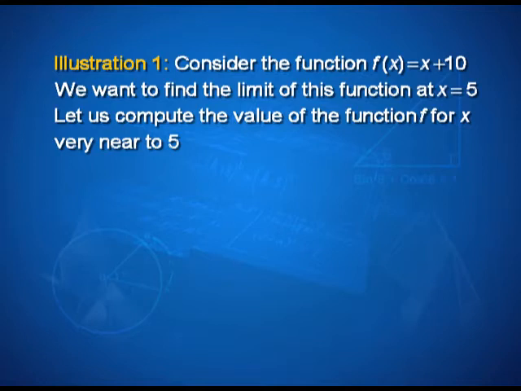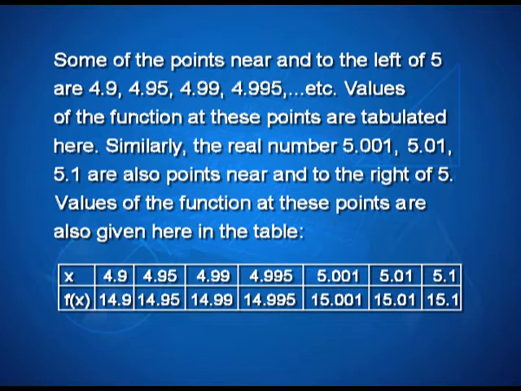Let us compute the value of the function f for x very near to 5. Some of the points near and to the left of 5 are 4.9, 4.95, 4.99, 4.995 and so on. Values of the function at these points are tabulated here. Similarly, the real numbers 5.001, 5.01, 5.1 are also points near and to the right of 5.